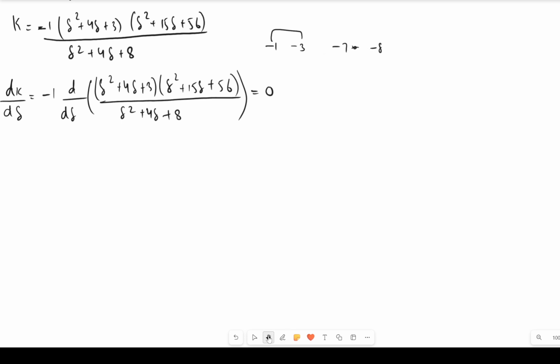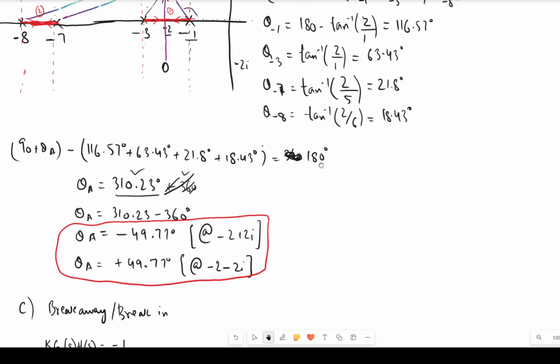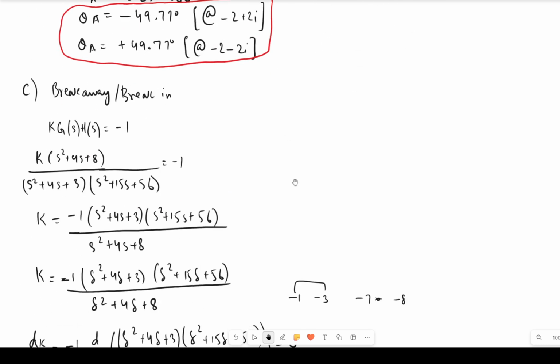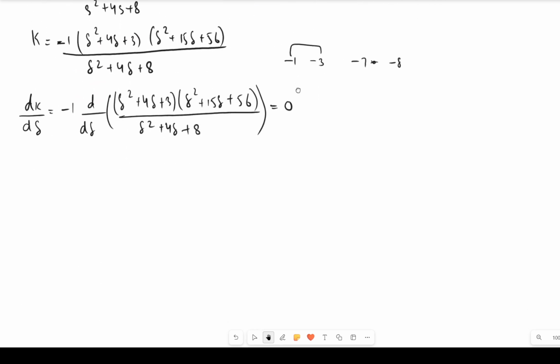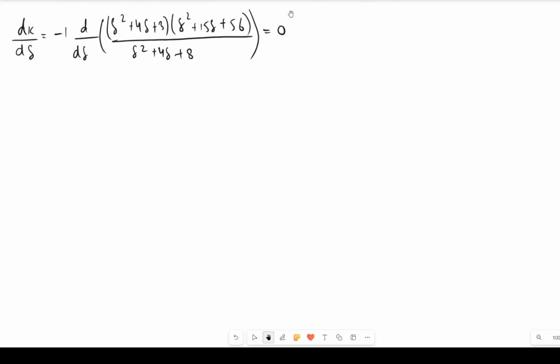Because I told you that there are two possible breakaways. One will be between here because there are two consecutive poles on the real axis segment, and one will be here. All other values will not be either a breakaway or break-in. Only these will be our breakaways, and they will be breakaways, not break-ins, because they are between the two consecutive poles. I'll solve this derivative.